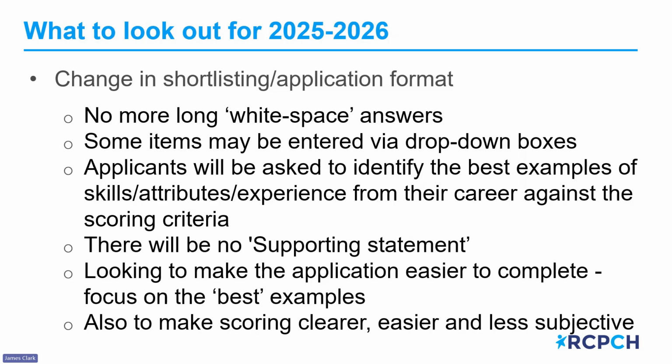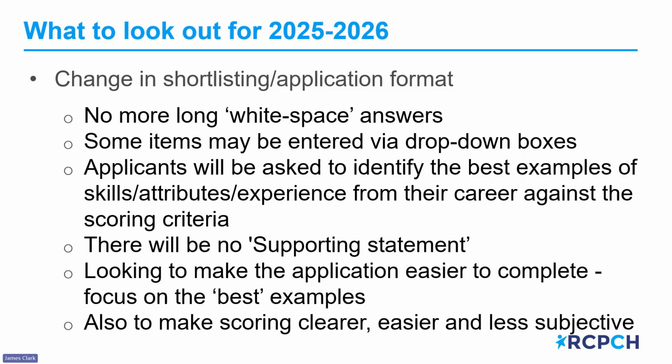Essentially, as applicants, you'll be asked to identify your best examples of the various skills, attributes, and experience against the scoring criteria, which are currently on the website as well. There won't be a supporting statement either. We're trying to do a few things with this. We're looking to make the application easier to complete and allow applicants to focus on their best examples, and also make it easier, clearer and less subjective to score.